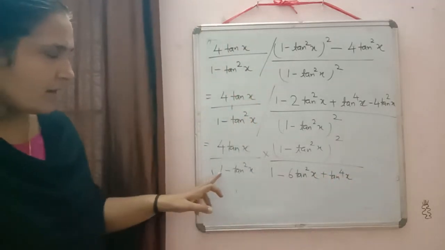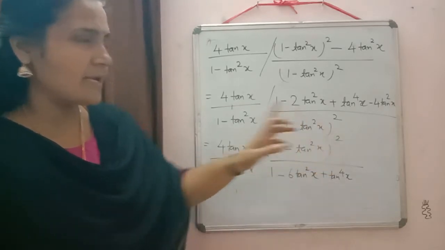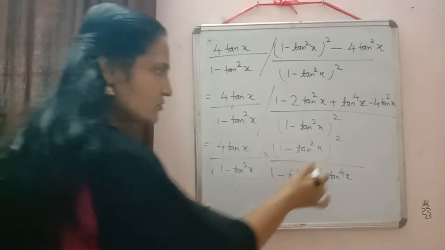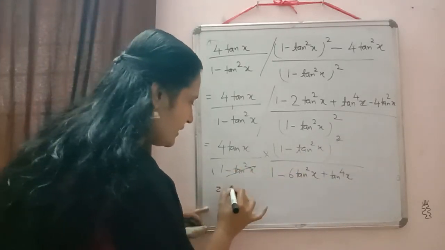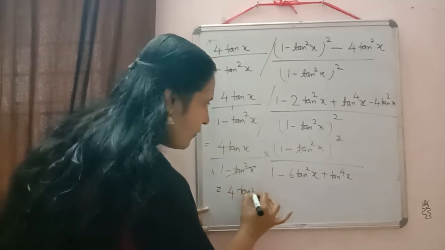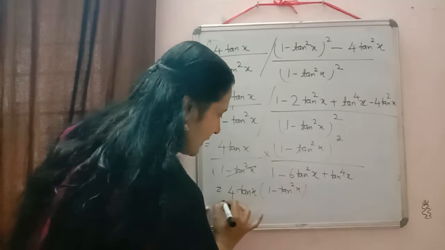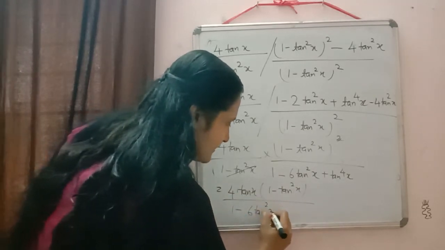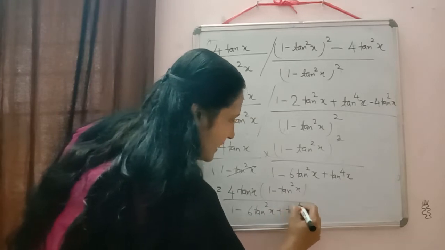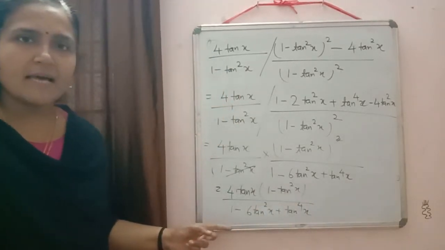Here we have 1 minus tan square x and here we have 1 minus tan square x the whole square. So 1 minus tan square x will get cancelled. So remaining it will be equal to 4 tan x into 1 minus tan square x by 1 minus 6 tan square x plus tan raised to 4x. That only we need in the right hand side.